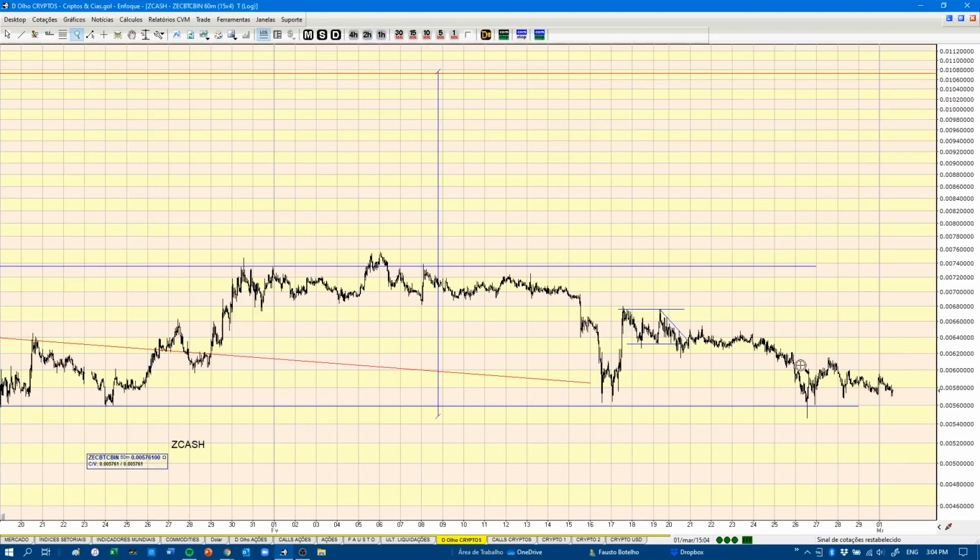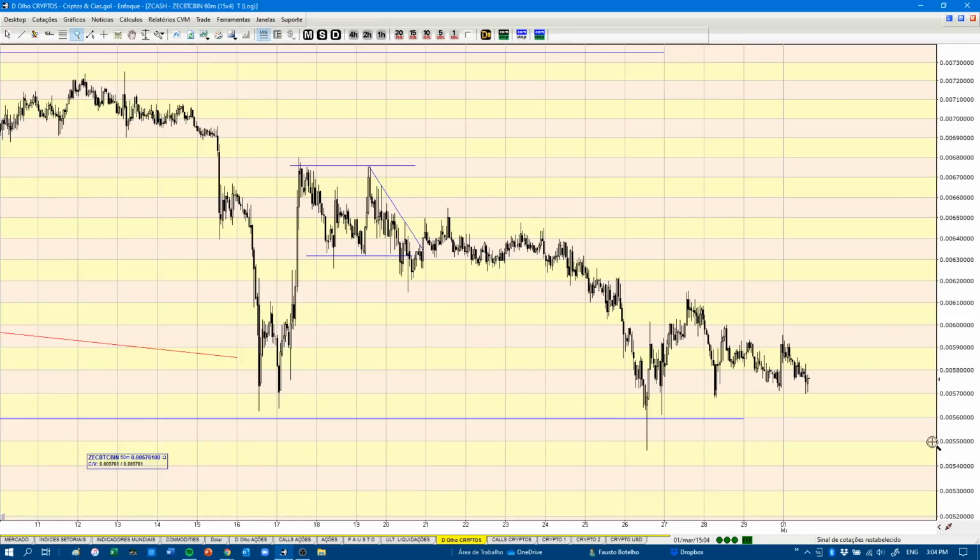Let's take a look at the hourly chart, and so we might as well draw a trend line here. Whenever it breaks this trend line, it would be very good if it gives us a bull trap, a bear trap here, and then breaks the trend line. Bear trap, ideal situation.